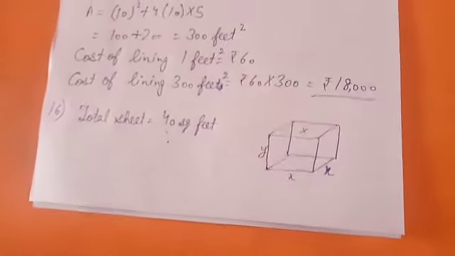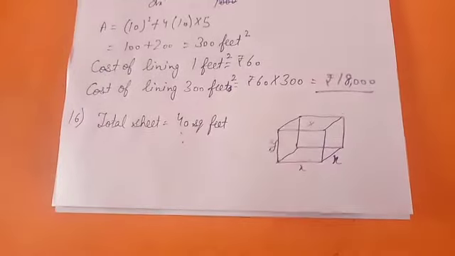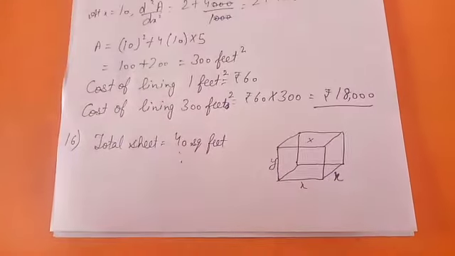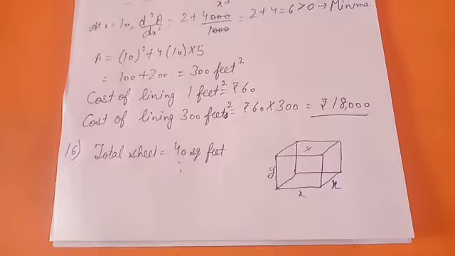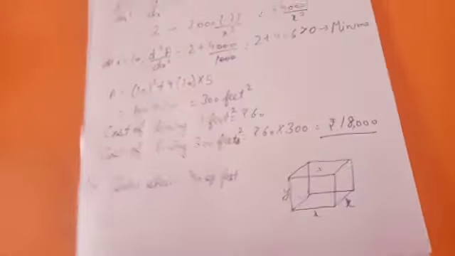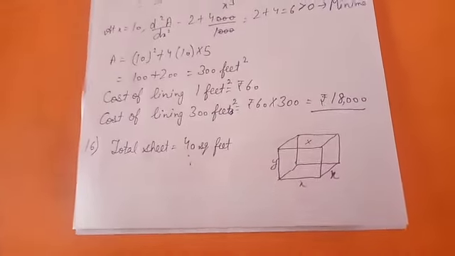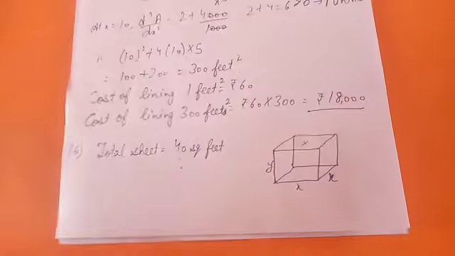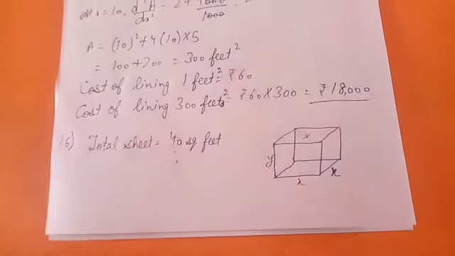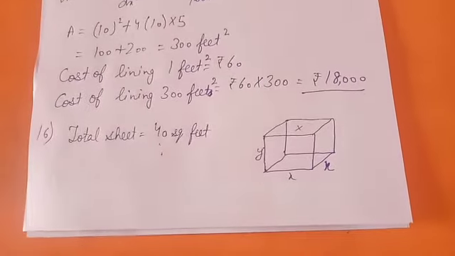You can assume that you yourself are constructing a tank which has no top, and you have a sheet of 40 square feet. You are not taking more than that or less than that. You have to use only that sheet. That means the total surface area of the tank you will build will be equal to that sheet.